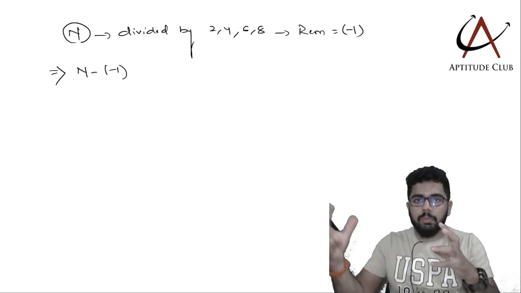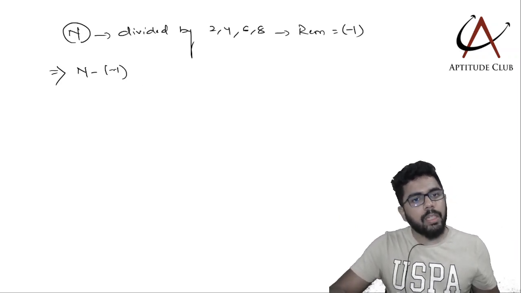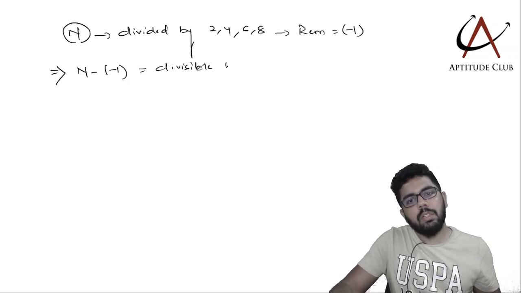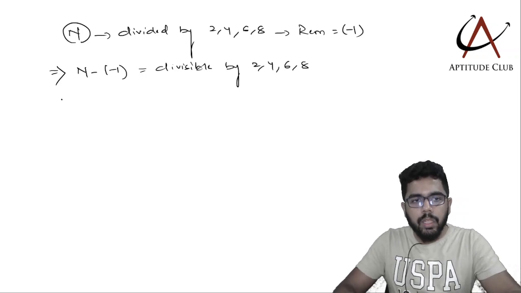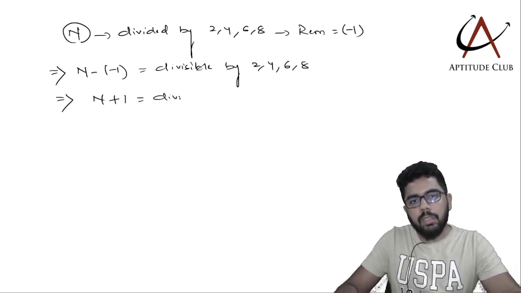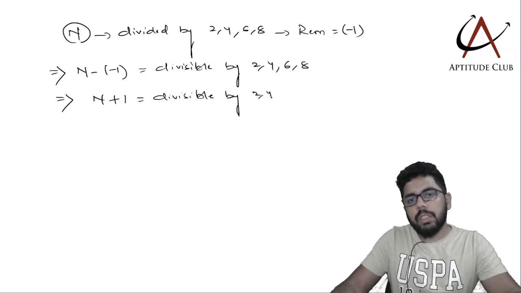If I remove the remainder, removing means subtracting, and the remainder is minus 1. So n minus 1 is divisible by 2, 4, 6 and 8. This implies n plus 1 is divisible by 2, 4, 6 and 8.